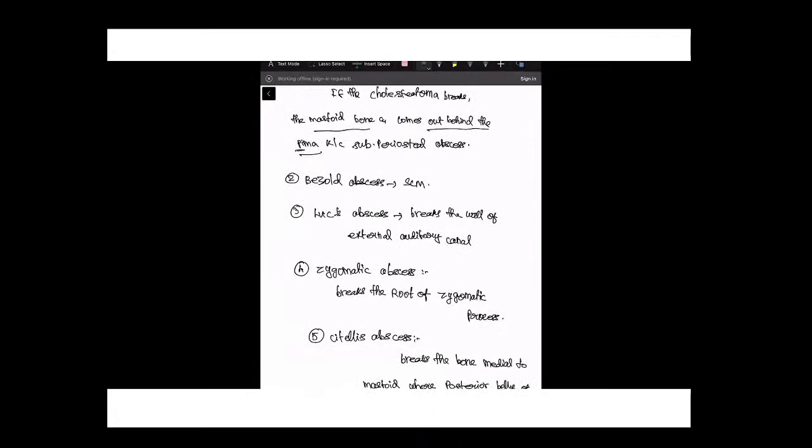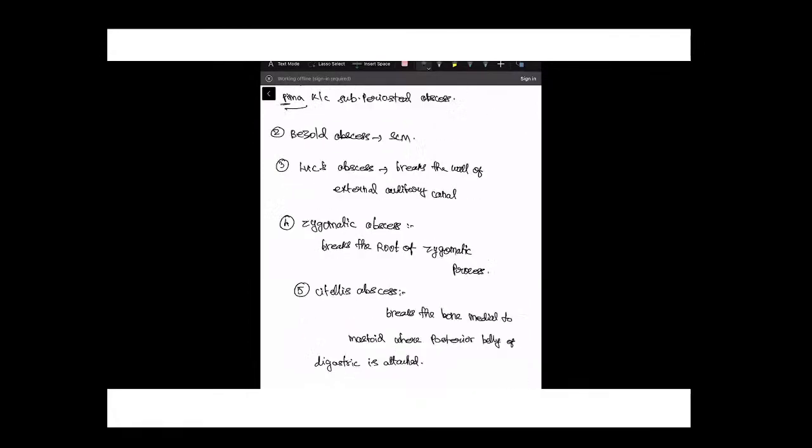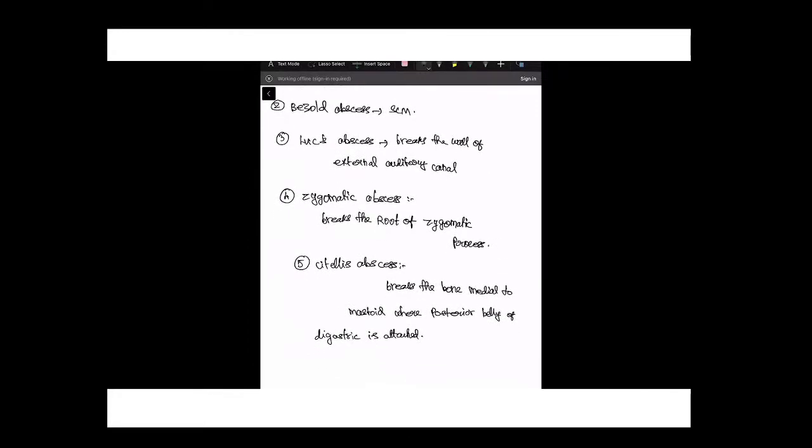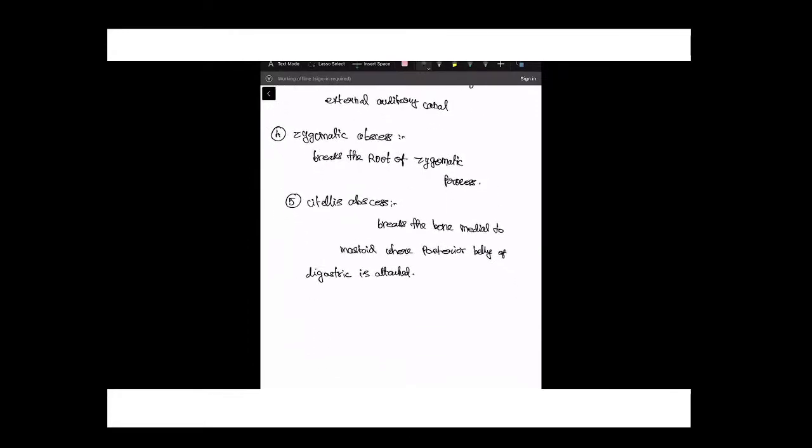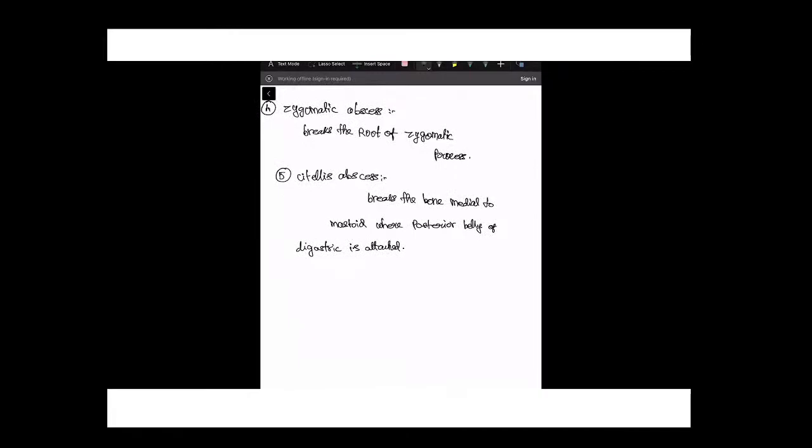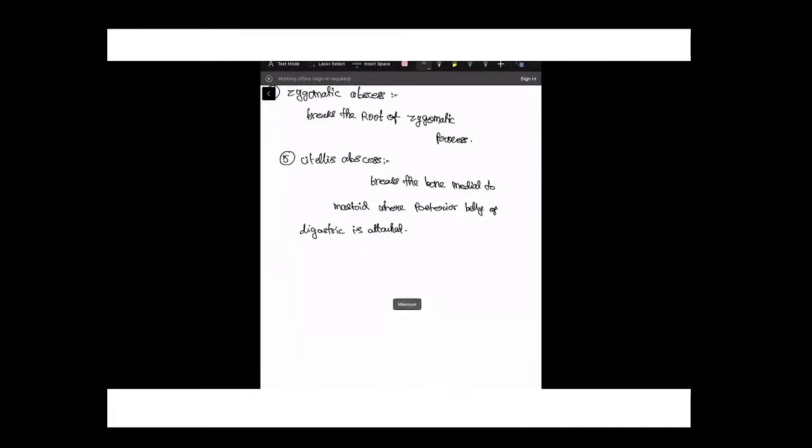Bezold's abscess is going to be sternocleidomastoid. Luc's is going to be external auditory canal. Zygomatic is going to be zygomatic process, and Citelli's abscess is going to be the posterior belly of the digastric.